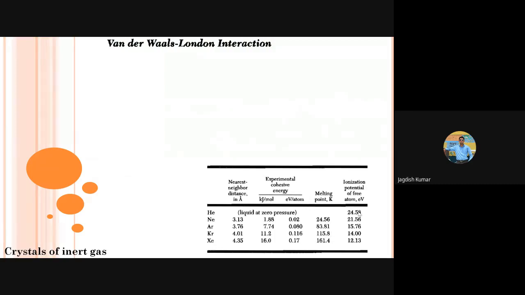Now you see ionization energies are very, very high. For neon it is 21.56, and try to notice the cohesive energy. It is very, very less in comparison to this one, right? Something like 1% or so. You can get the percentages yourself. So now the question is what causes this trend?